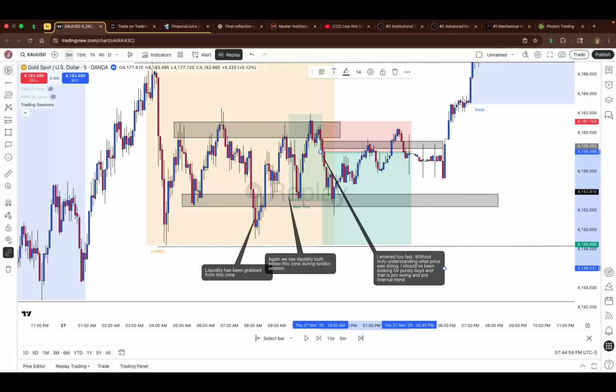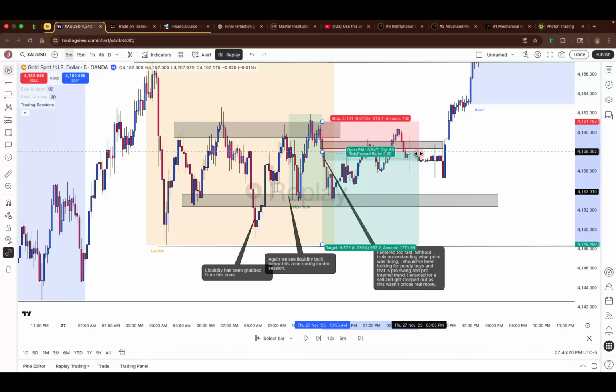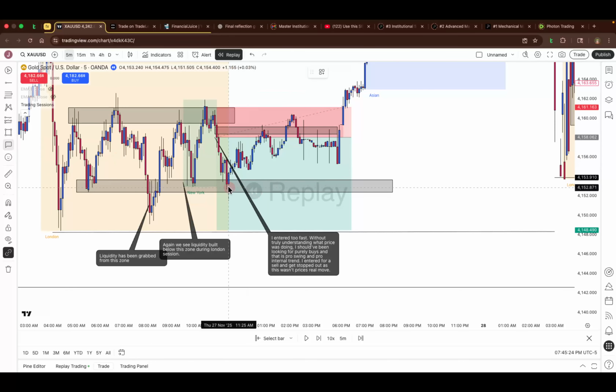So yeah, I entered for a sell, and get stopped out as this wasn't price's real move. Yeah, we get stopped out over here. What was the trade I should have entered here?